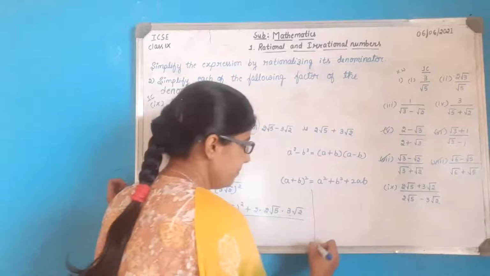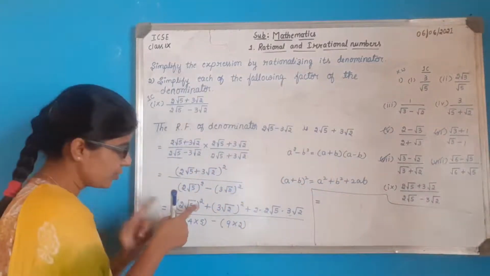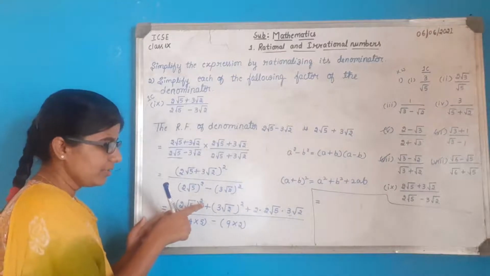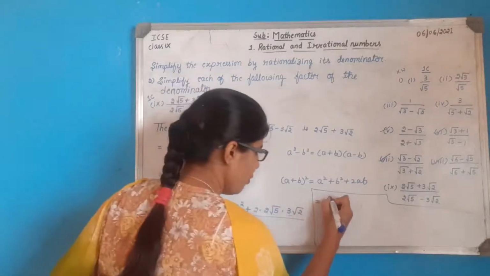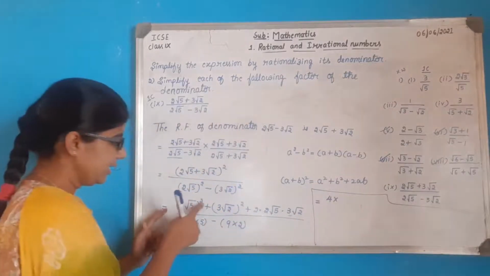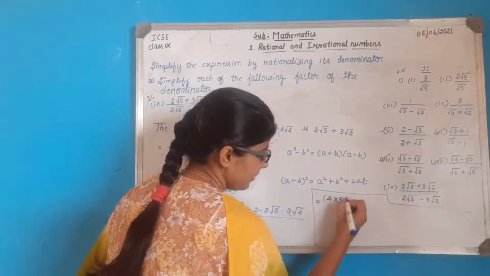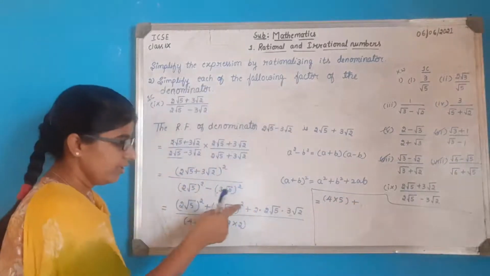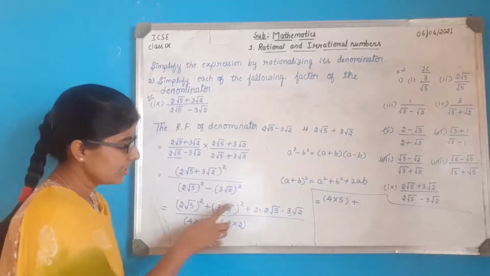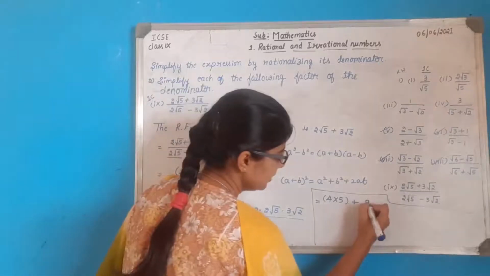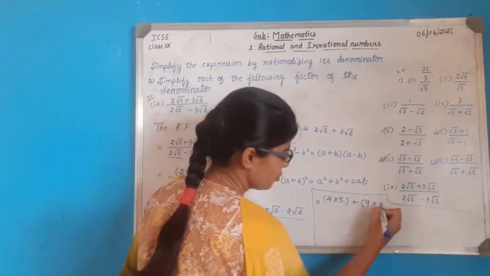Next step, simplify this numerator. Here also apply the square for both the constant and this number, so 2 square is 4 into 2, and the square root will cancel, so 5, plus here apply the square for the constant and the root, that means 3 square is 9 into 2, and the square root will cancel, that is 2.